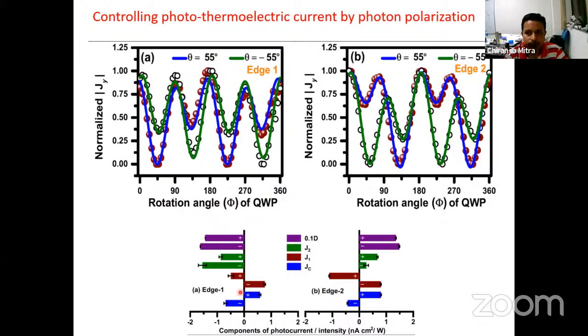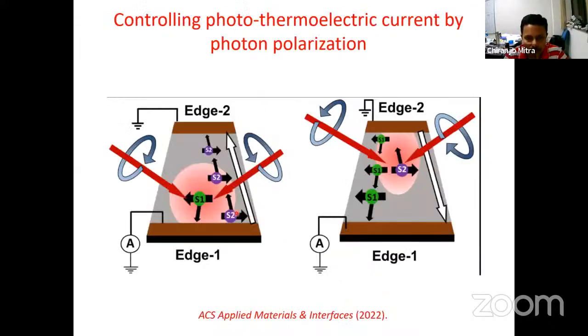Now, because we are putting the beam at the edge, let us go back to this scenario. I am applying this photon. Let's say this is left circularly polarized light, and spin S1 is excited, directed in this direction. Therefore we have an excess of S2, and they are moving in this direction. But when we are focusing the photon here, there is also a thermo EMF, and these two basically add up.